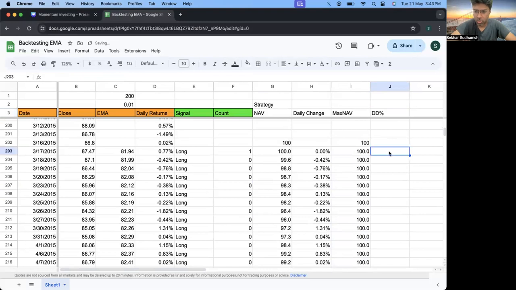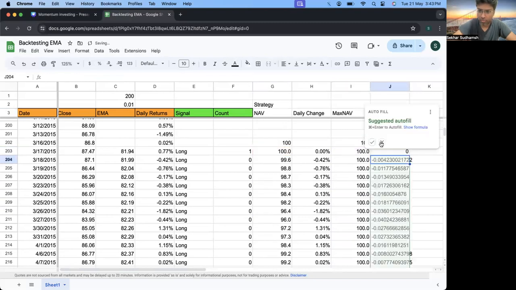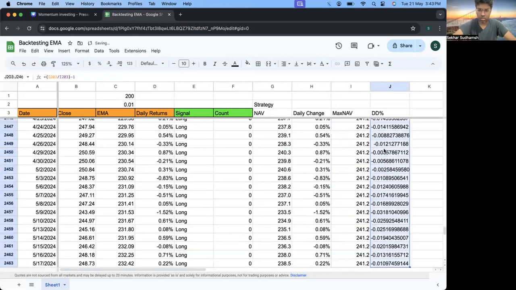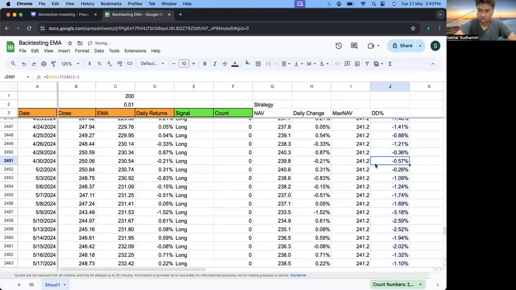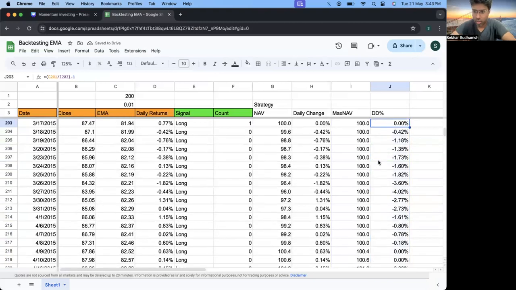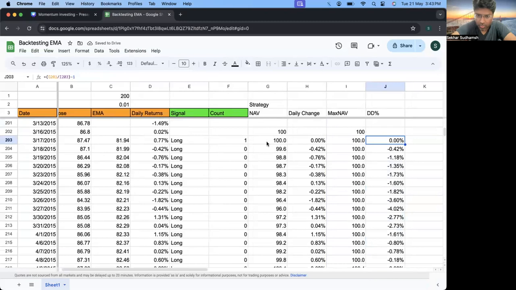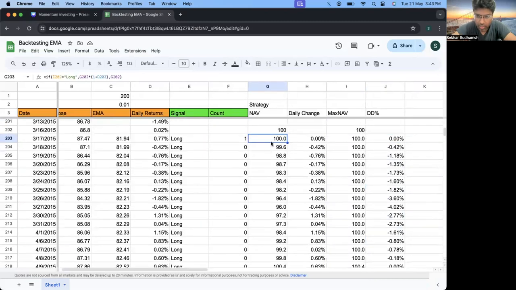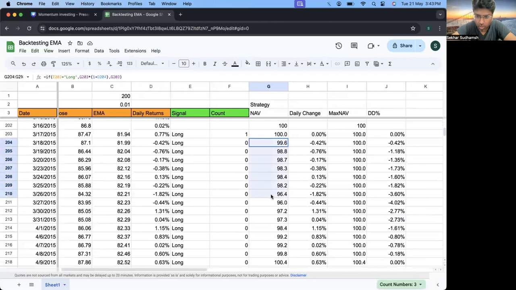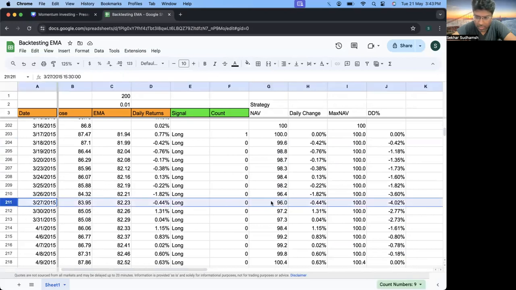Drawdown percentage. So drawdown percentage is NAV divided by max NAV minus 1. All right. So as you see, in the initial days when I invested 100 rupees into my strategy, the index was falling quite a lot. It went to a minimum of 96. So on the day when it went to 96, my drawdown was showing as minus 4%.